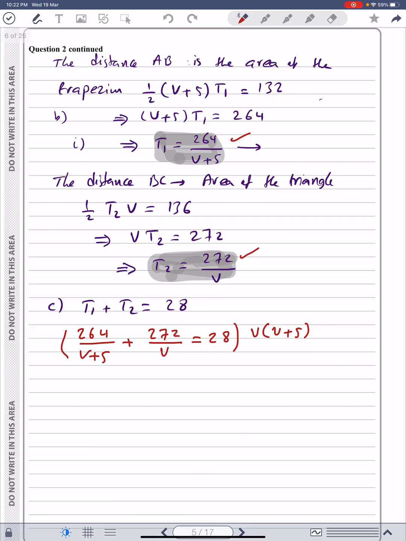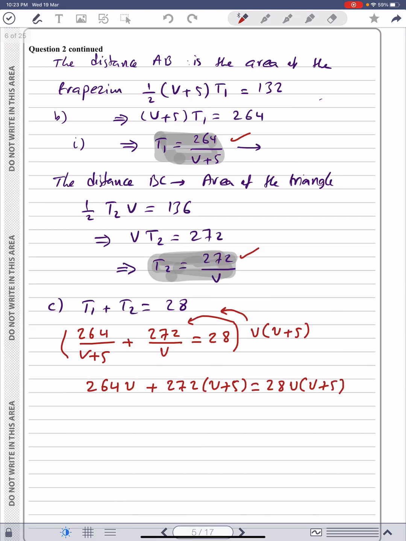It will be shorter steps. Let's multiply by V times V plus 5. You will get the first term 264V. By expanding here, you will get 272 times V plus 5 is equal to 28 times V times V plus 5.